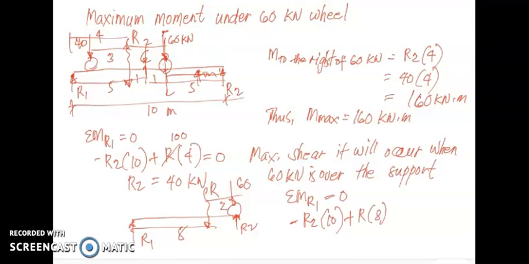So this is equal to 0. So therefore, our R is 100. So solving for R sub 2, this is equal to 80 kilonewton. And therefore, our maximum shear is equal to 80 kilonewton. So that is for example number 1.